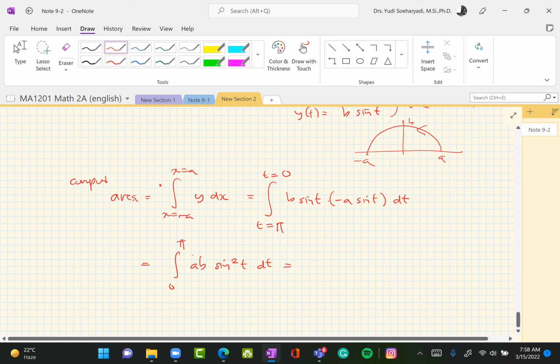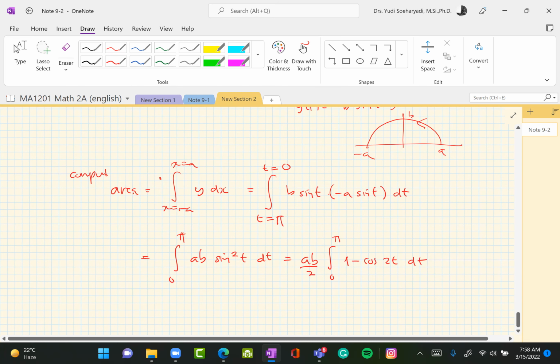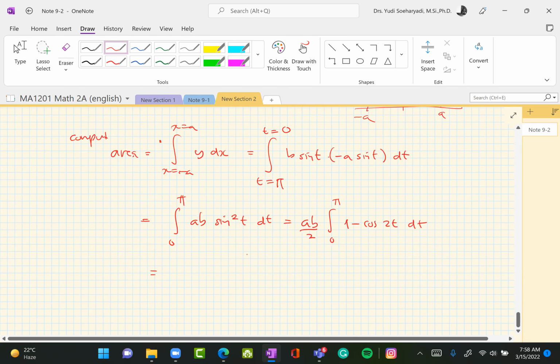Okay. So you have ab, and sine squared is just (1 minus cosine 2t) over 2. It becomes 1 minus cosine 2t dt. So ab over 2, this is t, right?